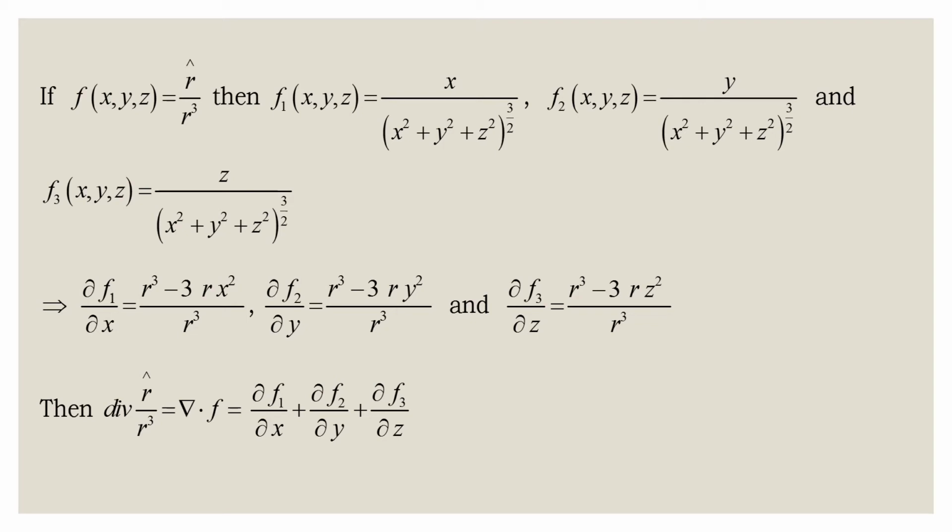For this function, f1 equals x upon (x² plus y² plus z²)^(3/2). Look at the denominator of f1. The denominator of f1 is (x² plus y² plus z²) to the power 3 by 2. It can also be written as r cube. So we can write f1 equals x by r cube.